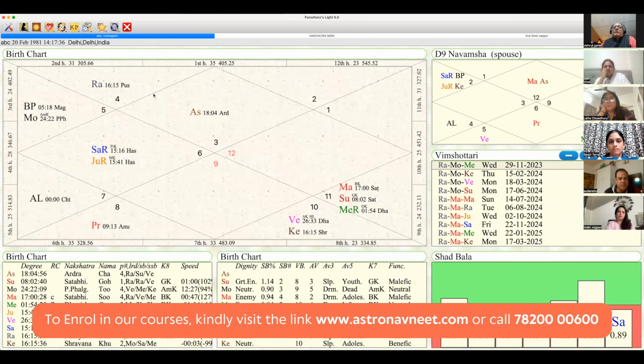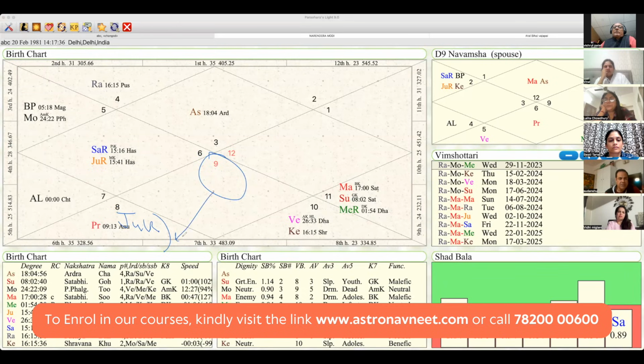But when you look at his chart, you know that he doesn't have any realization for the good that his wife is doing. He has no realization. Suppose if his Jupiter was here, come on, tell me. If his Jupiter was here, now it is 12th from the 7th. From the 7th house, it is 12th.